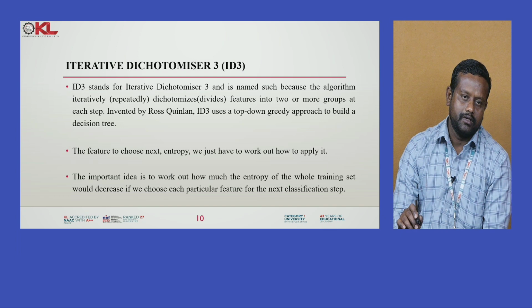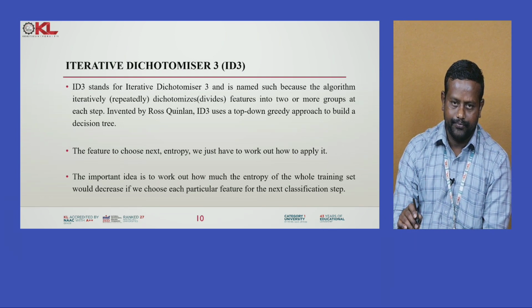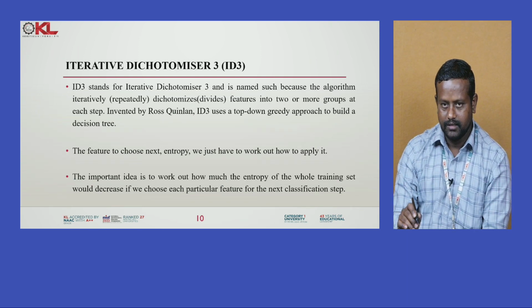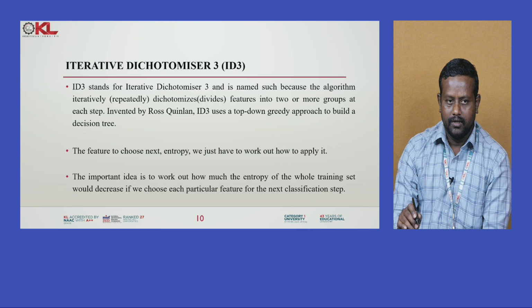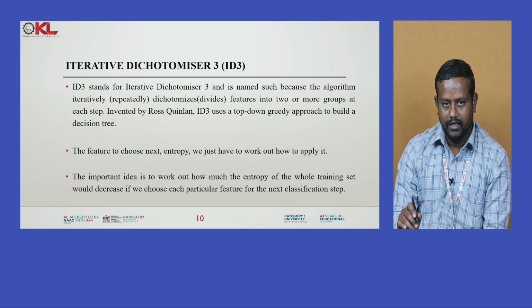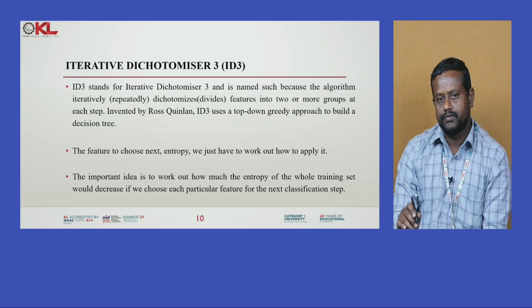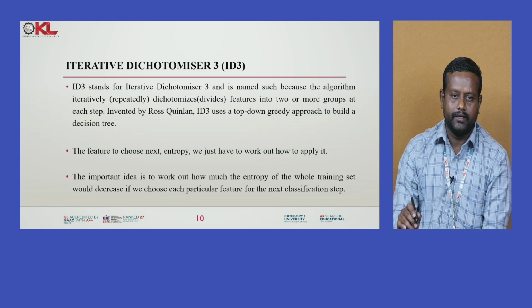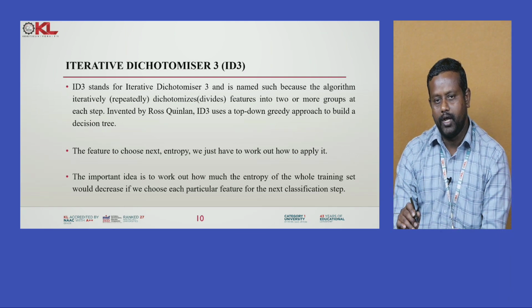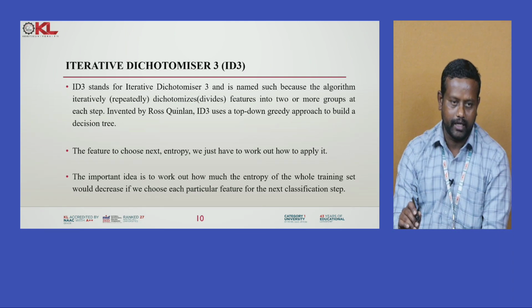The name clearly identifies what is happening here: the algorithm iteratively repeats, and dichotomising means dividing the features into two or more groups at each step of its iterations. It was invented by Ross Quinlan. ID3 uses a top-down greedy approach to build the decision tree.